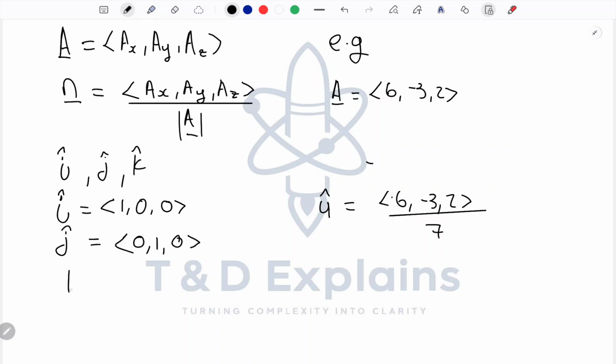And what is k? k is going to be equal to 0, 0, 1. And to confirm that they are unit vectors, we can use that formula for the square root, and you will see that you always get a magnitude of 1 for each and every unit vector. Okay, and yeah.